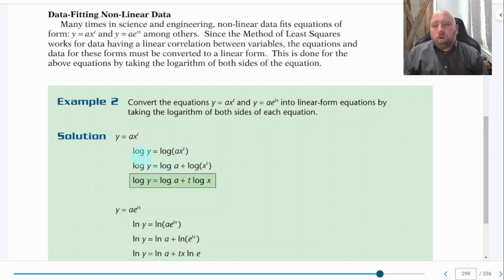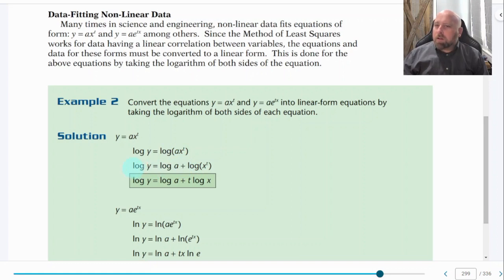Okay, so the way that we do that is we basically take the log of everything. So y equals a x to the t becomes log of y equals log of a and x to the t. Now, you use your logarithmic properties, also your exponential properties, to say, okay, when we have exponents, we're actually adding our exponents when we're multiplying. So we're multiplying here, so we're going to be adding our exponents.